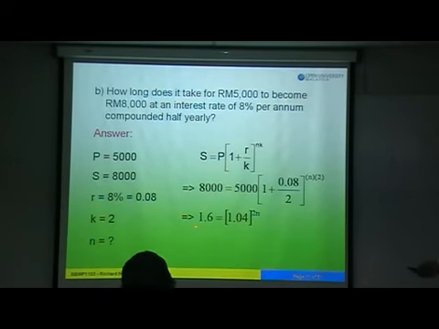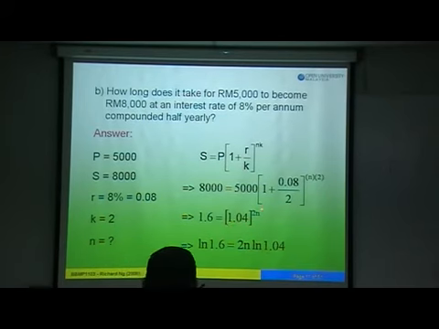So what do you do? You put log on the left hand side, you put log on the right hand side. Left and right must have log, then it balances. So you have log 1.6 equals log of the right hand side. But on the right hand side, when I put log, the 2n power I can take out.